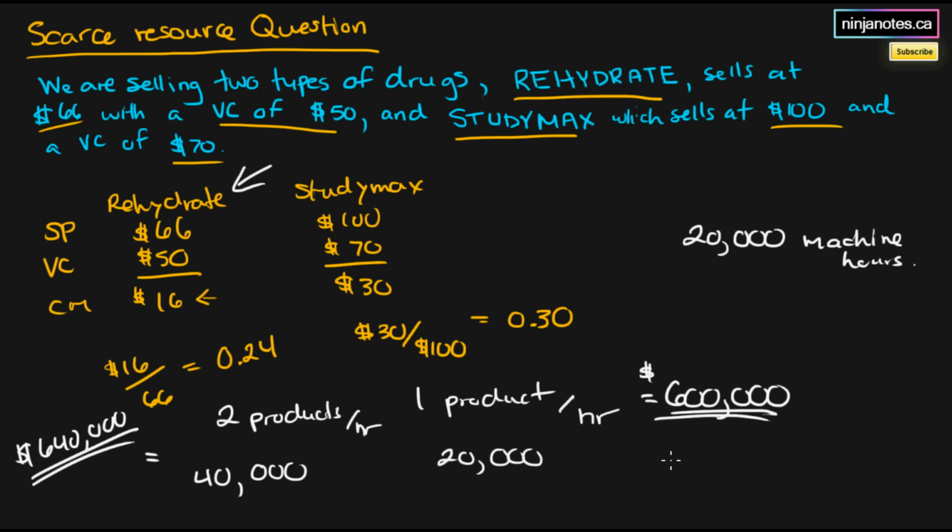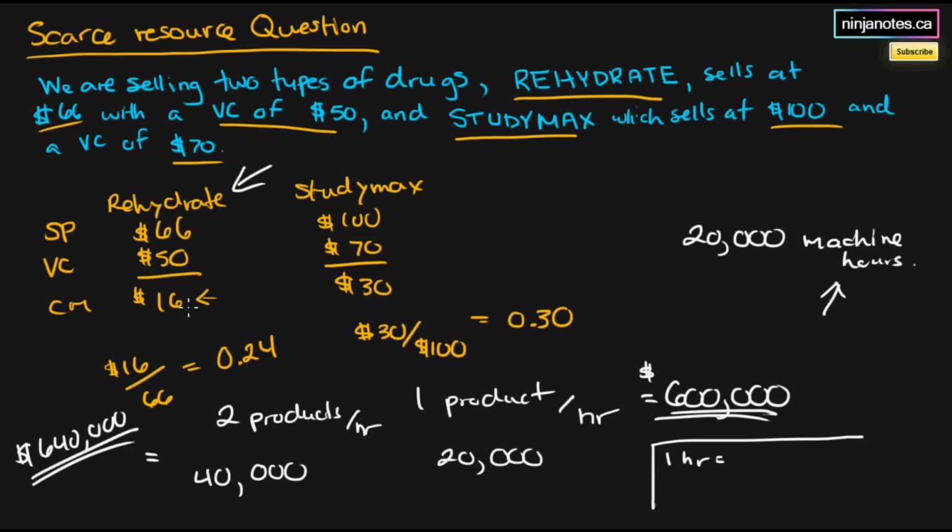That is also because it generates a greater contribution margin per unit of the limiting factor, which is machine hours. Every 1 hour we can produce 2 units of Rehydrate and 1 unit of StudyMax.